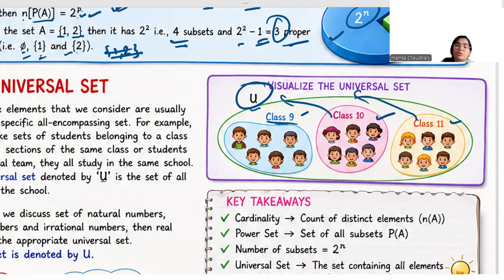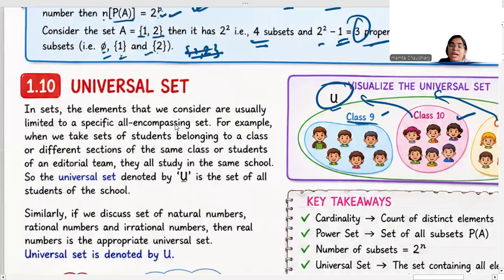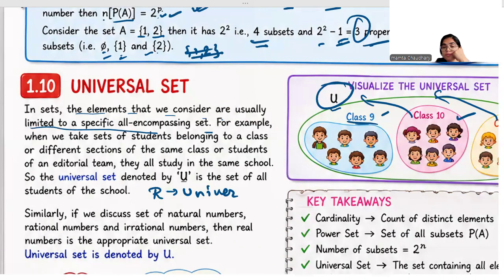So what is a universal set? In sets, the elements that we consider are usually limited to a specific all-encompassing set. So the bigger one is called the universal set. For example, if I take R, the real numbers, as the universal set, all the natural numbers are real numbers.